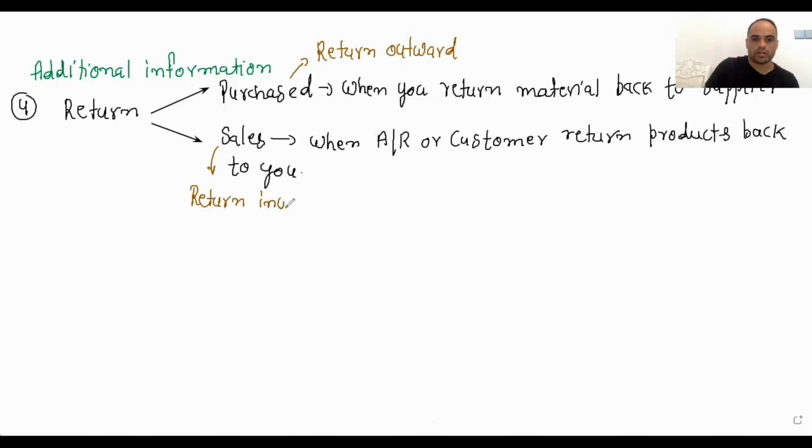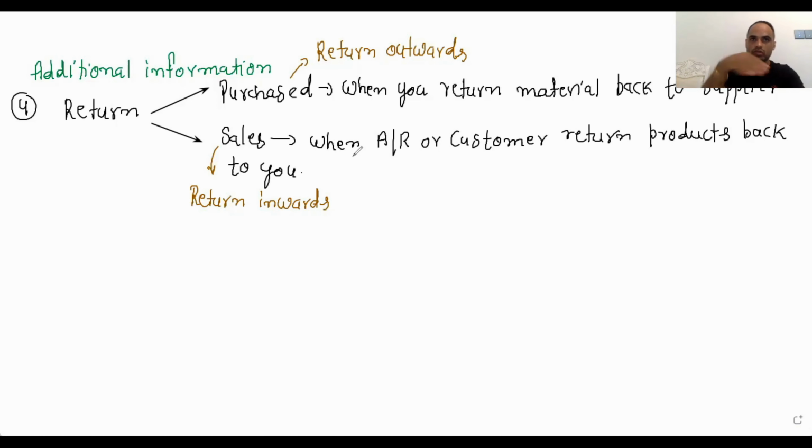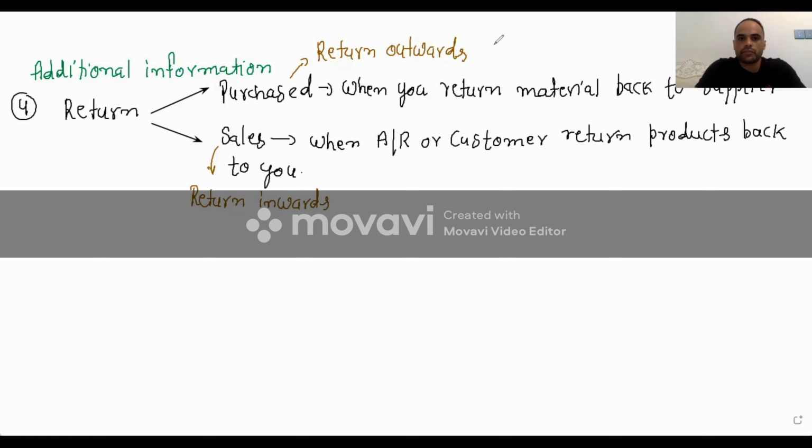Return outward means you purchased, now you're sending out. And return inward means you sold it and now you get it back, so coming back to you, coming in. These are the return informations you must know when you make your journal entry.